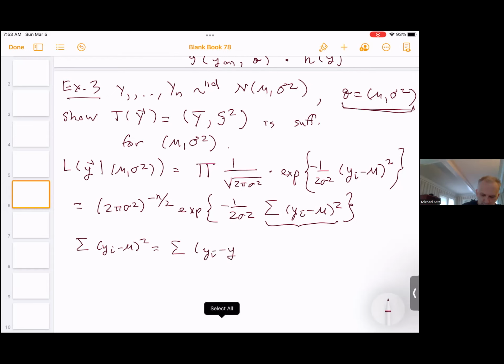So I get yi minus y bar, and I could also write it like minus mu minus y bar. So just adding and subtracting y bar to each term in the sum here. Now I have this binomial thing, and I get the sum of yi minus y bar squared.